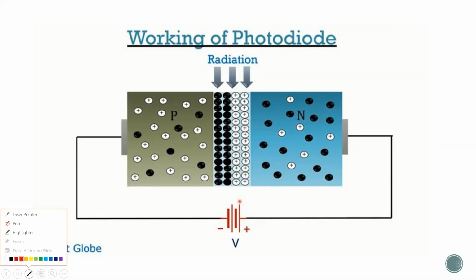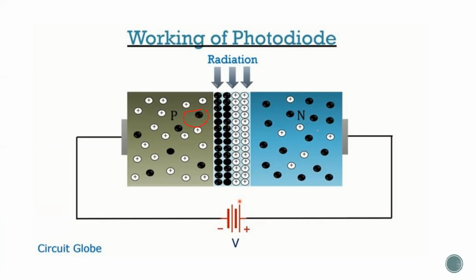The movement of minority carriers across the junction: the minority carrier on the P side is an electron, and the minority carrier on the N side is a hole.